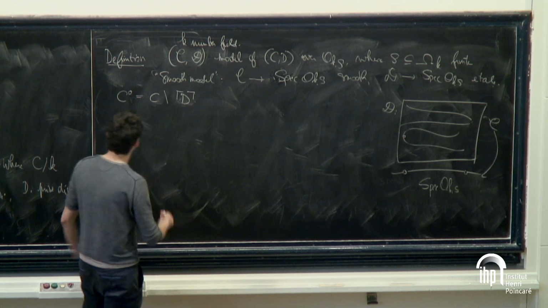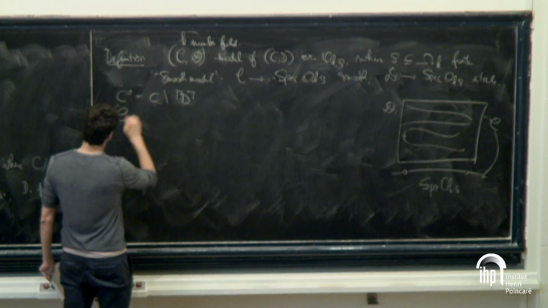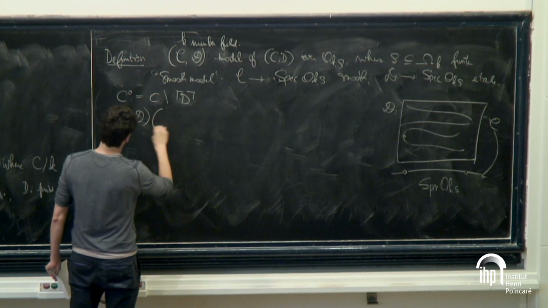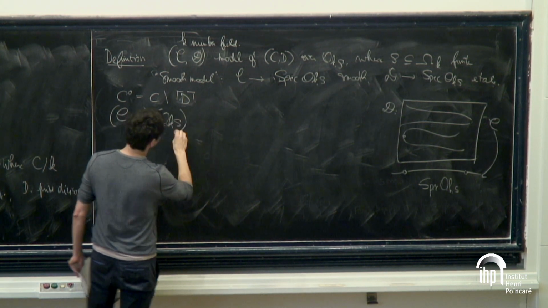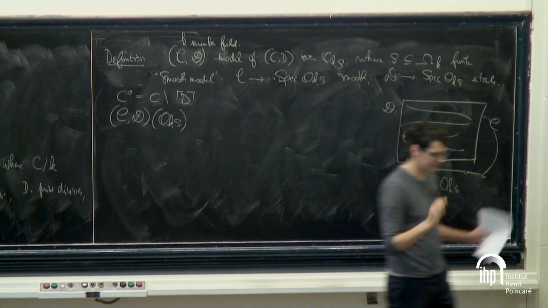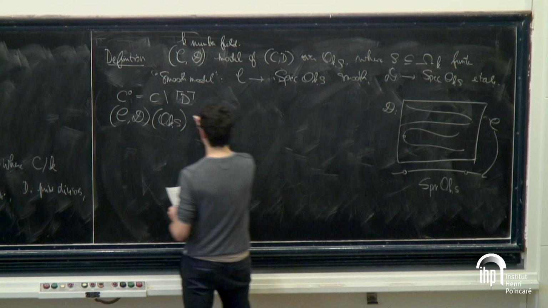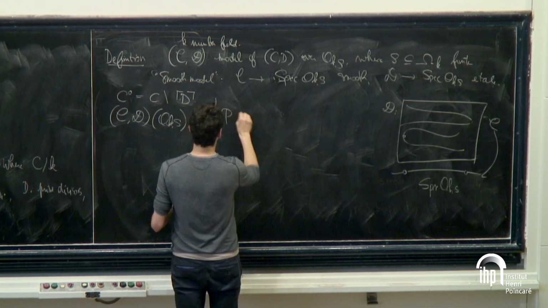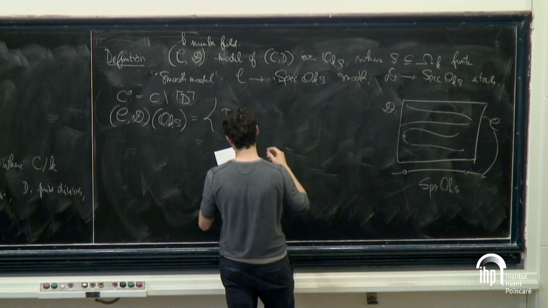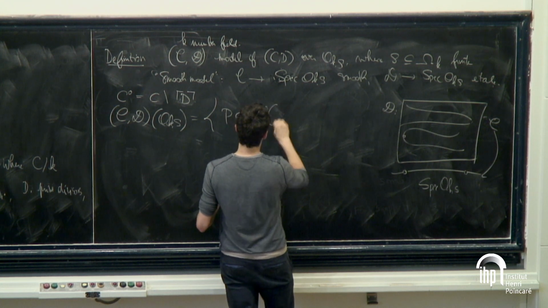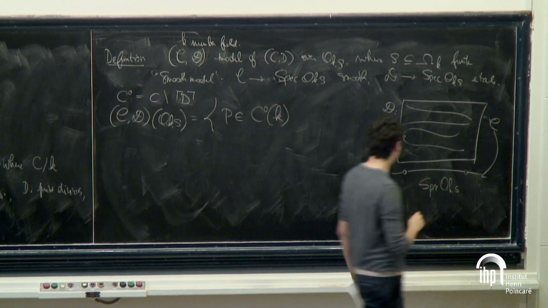So let's define the set of Campana points, O_{K,S} points on this model. My notion of Campana points will depend on the choice of model and the choice of S. So this will be the set of K points in C_0 with the following property.